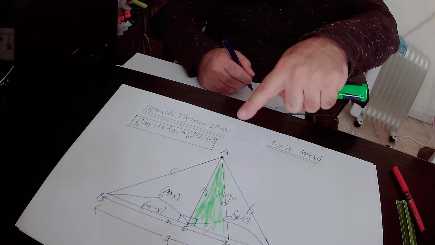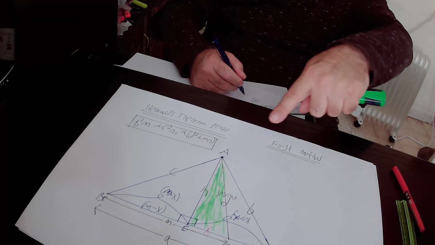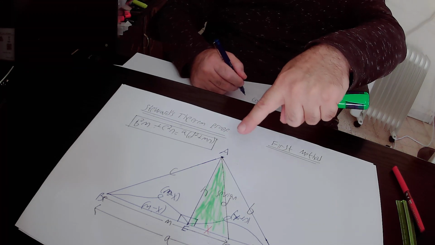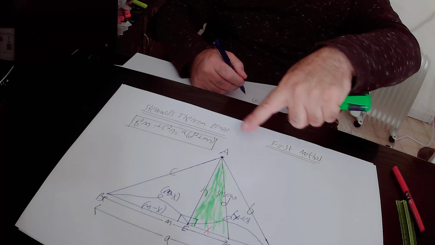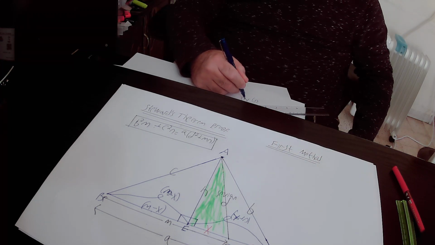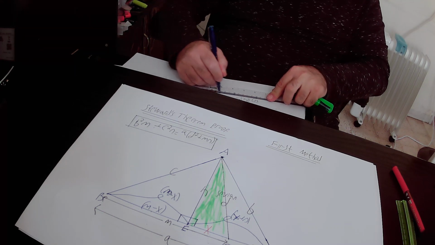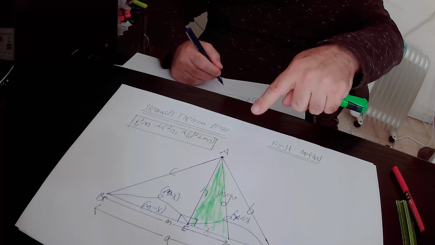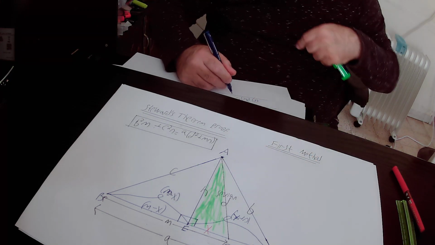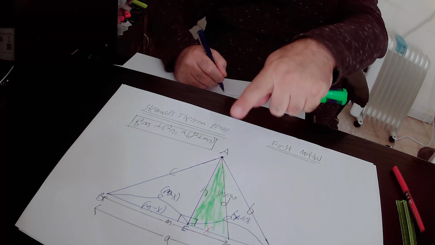The hypotenuse in the right triangle AEC is AC. Therefore, the square of the hypotenuse is AC squared, and it must be equal to the sum of the squares of the perpendiculars, that is, AE squared plus EC squared.